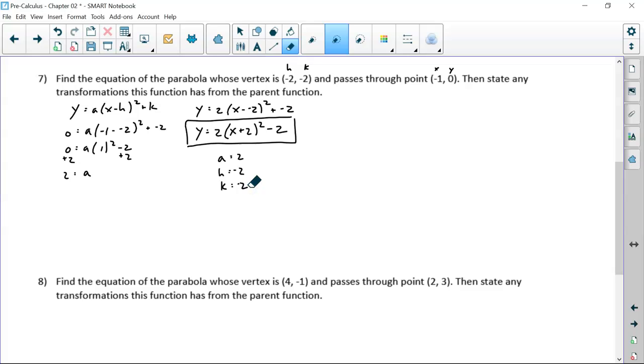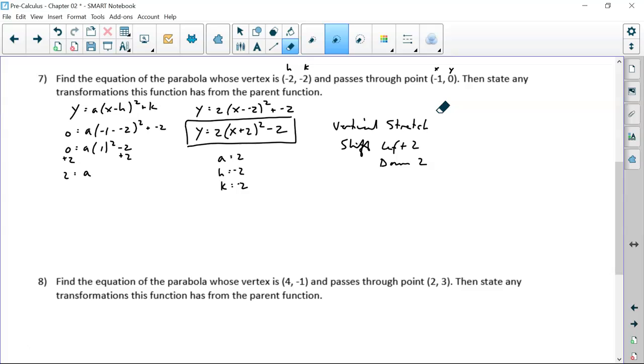So our transformations from the parent function: it has a vertical stretch of 2, and then we shift left 2 and down 2. There are our transformations from that parent function.